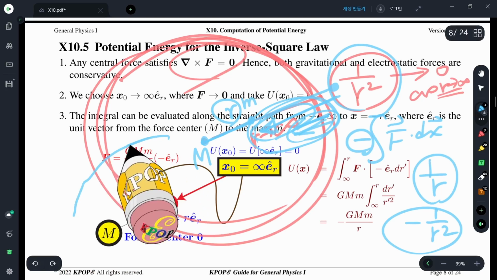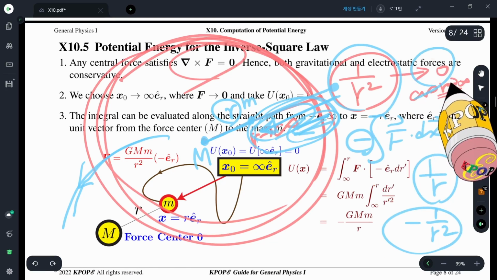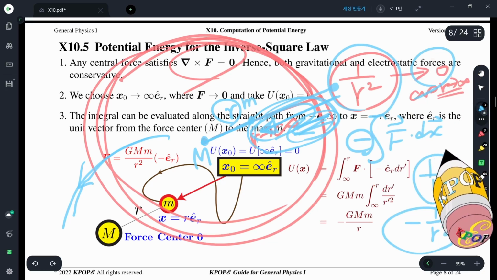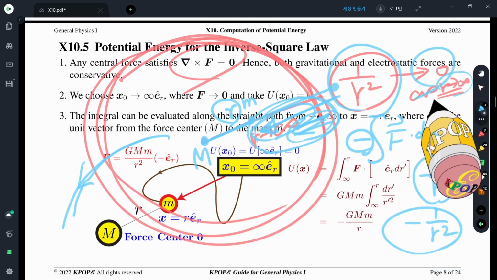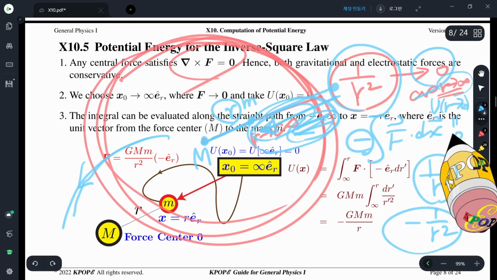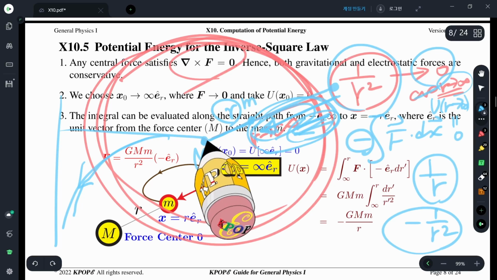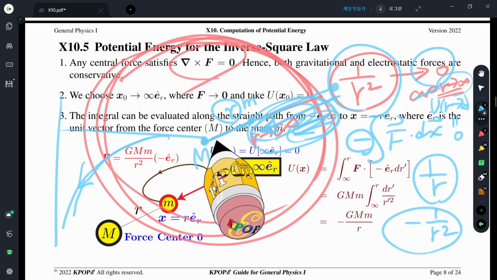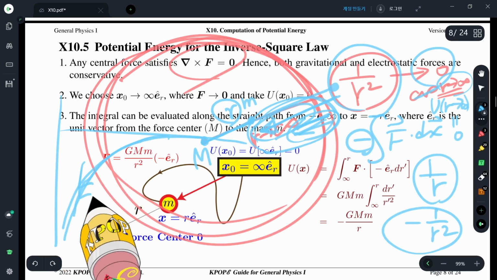It should decrease. We know the value of the force is 0 out at infinity, and we choose the reference point to be at infinity, where U of r as r goes to infinity is set to be 0. So the gravitational potential must start from 0 as r goes to infinity, and it decreases as 1 over r.